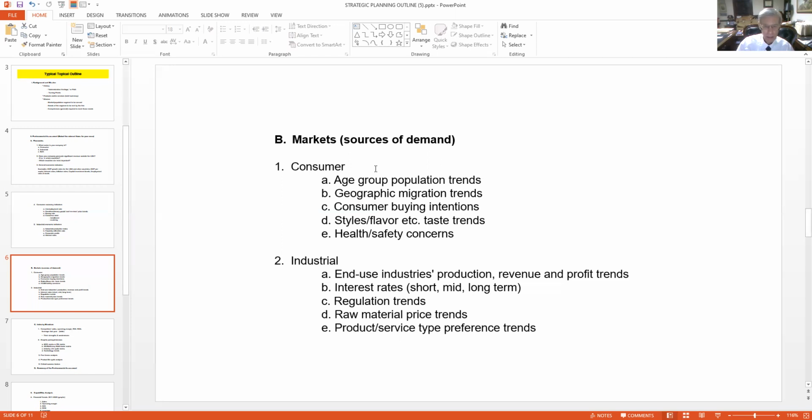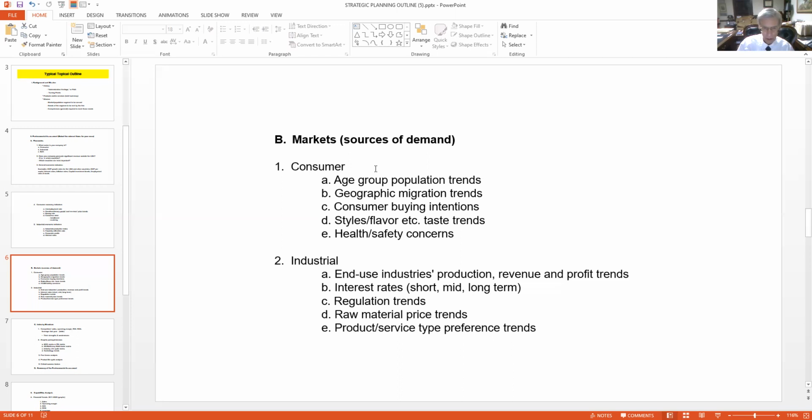So the migration of populations geographically can be a major item as well. There's a major pattern of migration in the United States, for instance, from the north and east to the south and the west. Consumer buying intentions. We all have to have a portable computer today because many of us are working at home rather than in the office because of the pandemic.